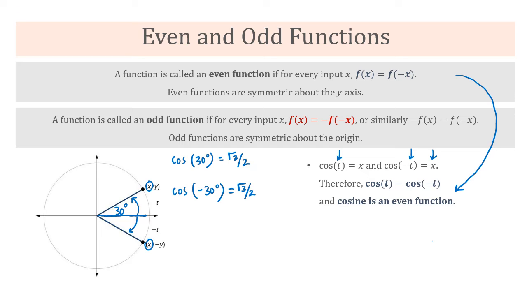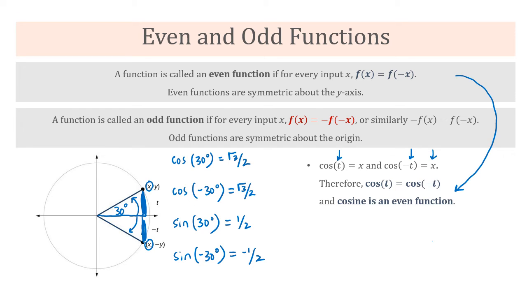Now, what about sine? Let's use that 30-degree angle again. The sine of 30 degrees, the sine, of course, is that y value, and that's going to equal 1/2. Now, if I do the sine of negative 30 degrees, I am in that fourth quadrant, so it's still going to have the same absolute value, but it's going to be negative 1/2.